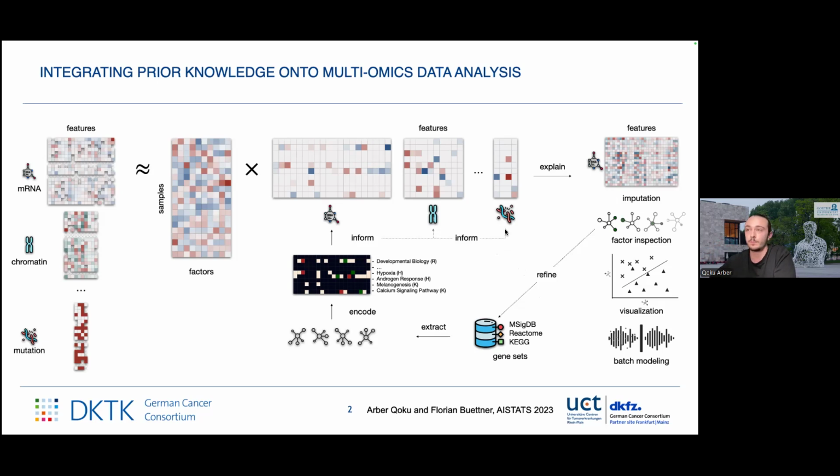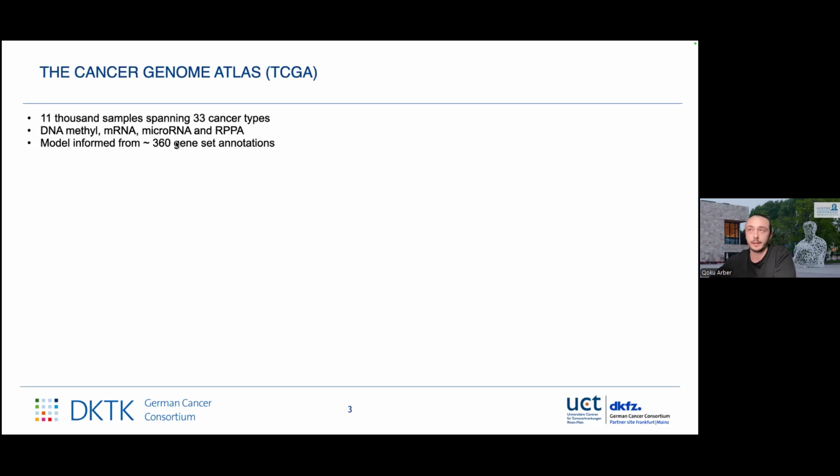set. I have here an example on the well-known Cancer Genome Atlas data. So to showcase our approach, we applied our method on the TCGA dataset of 11,000 samples spanning 33 different cancer types across 4 different omic layers.